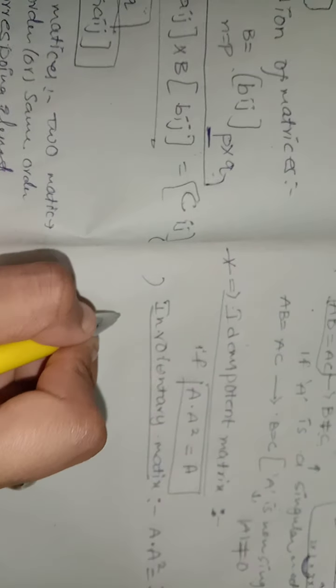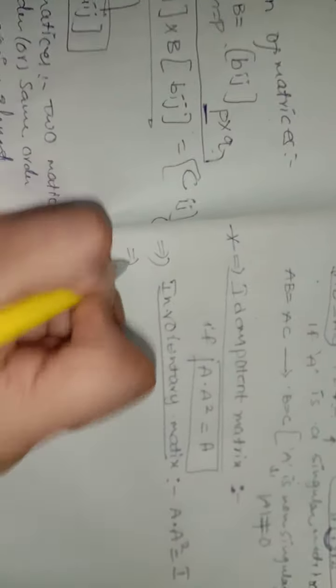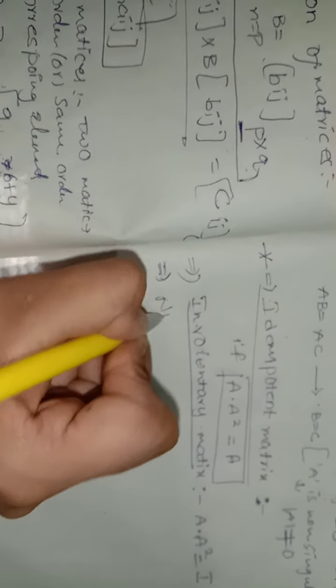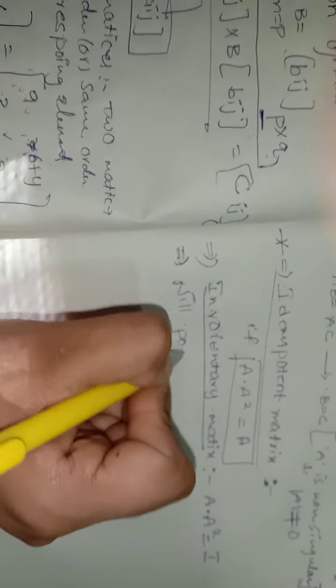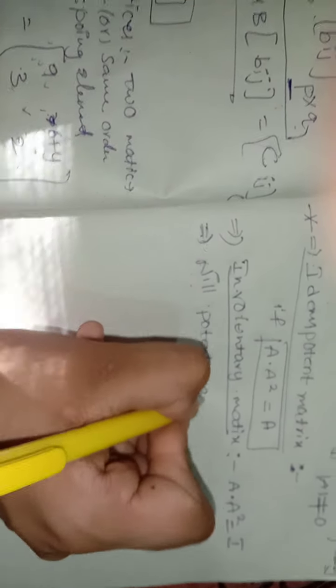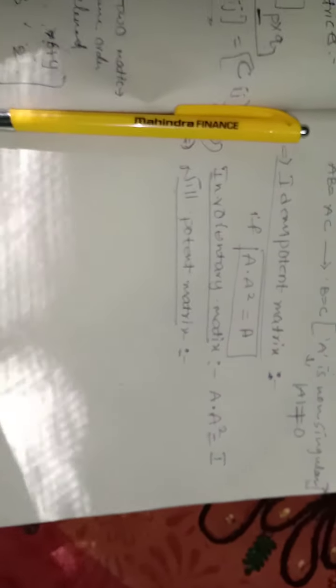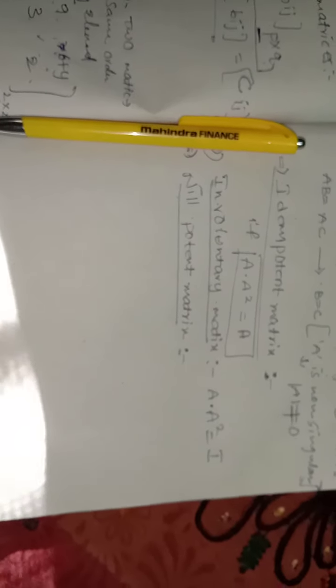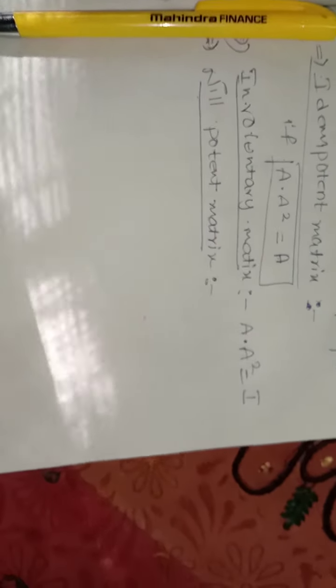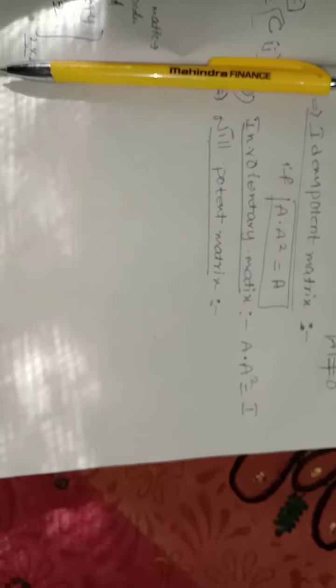Then the last one, the third one, is the nilpotent matrix. The nilpotent matrix is a very important term in EAMCET. Maybe direct questions are asked on the nilpotent matrix, but it may also be asked as a part of a question, that is, maybe they give a question where the matrix is a nilpotent matrix, then find something else.